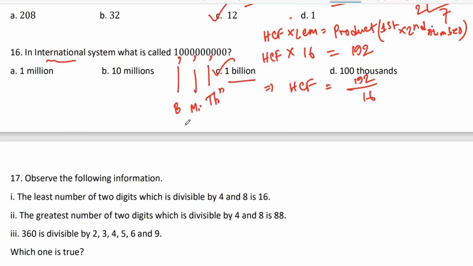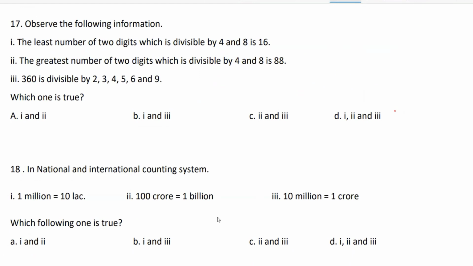Now the information-based question, number 17. The least 2-digit number which is divisible by 4 and 8 is 16. The least 2-digit number is 10, and the number must be divisible by 4 and 8.